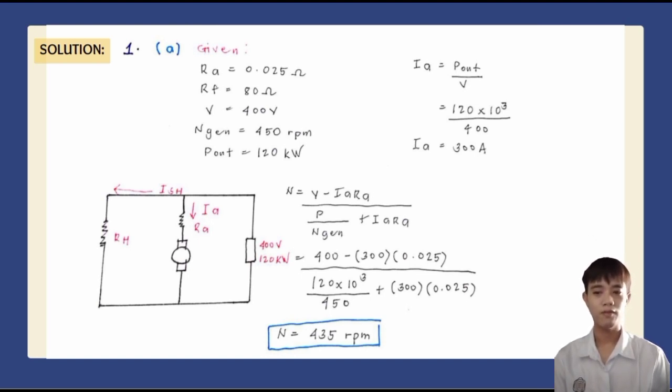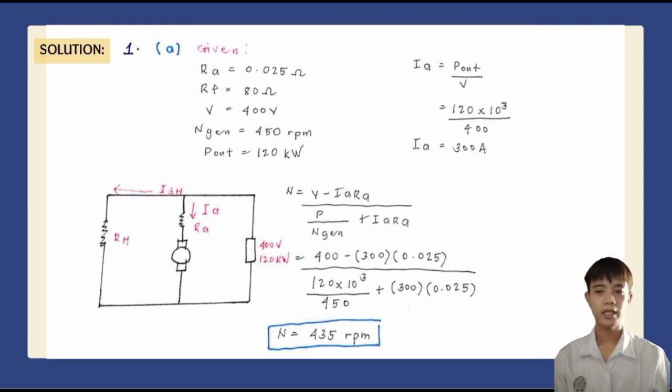Now substituting the values, we get (400 minus 300 times 0.025) over (120 times 10 raised to 3 over 450 plus 300 times 0.025). So the final answer is 435 RPM. Therefore, the speed of the machine when running as a motor and absorbing 120 kilowatts is 435 RPM.